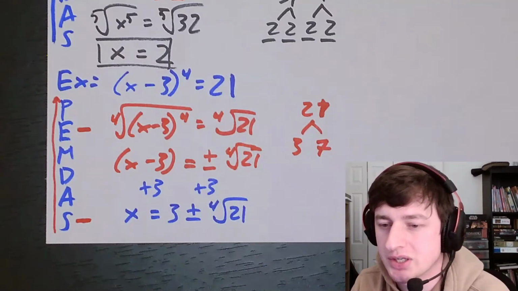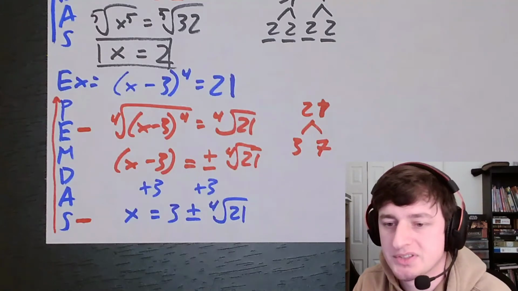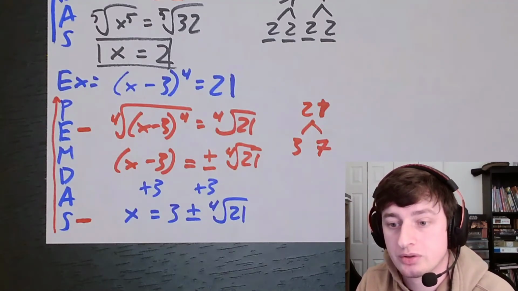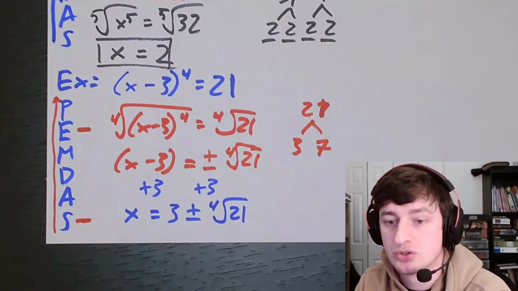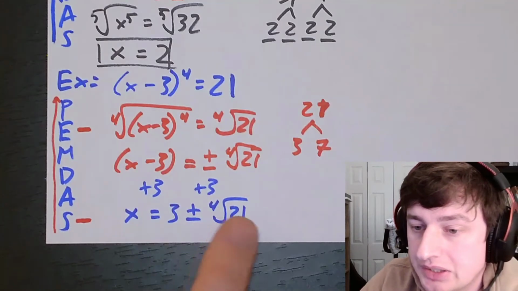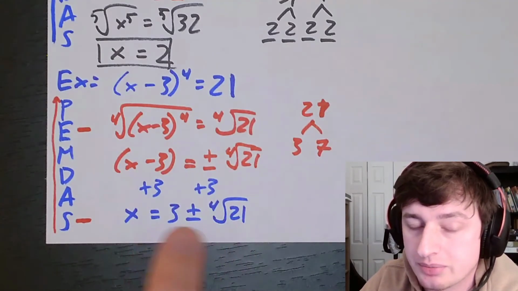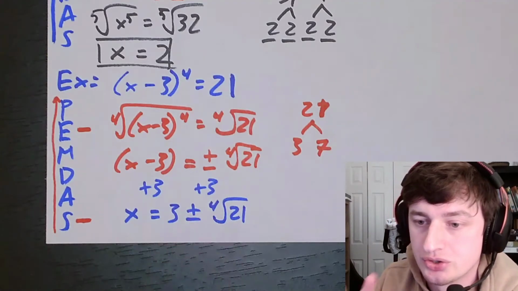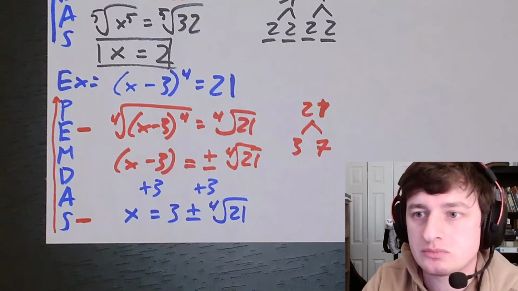We've got to know how many dollars it's actually going to be, right? This isn't in dollars or anything. But if we wanted to know the value, this is going to be 2 different values. We're going to go to the right of 3 a little bit and to the left of 3 a little bit. And so we can plug this into a calculator and we'll get 2 different values.